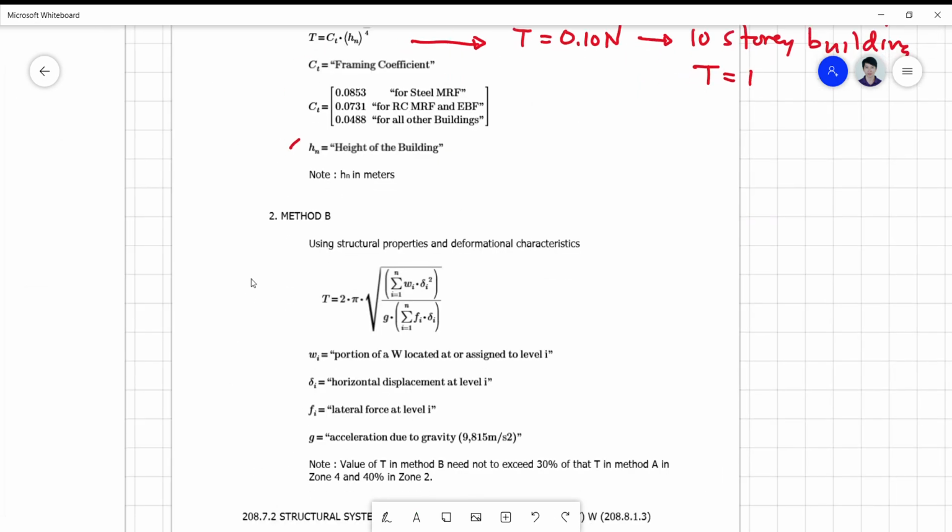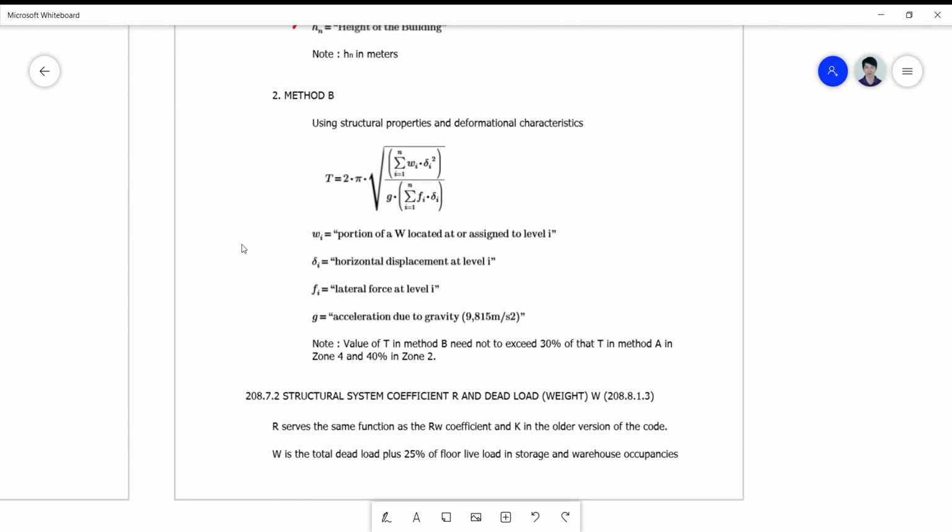Method B requires a little more involved computation in the form of your delta. You need to solve for delta, and of course you need to have the forces in which your delta is induced. Wi is the portion of the weight located at the assigned level. Delta i is the horizontal displacement at level i.